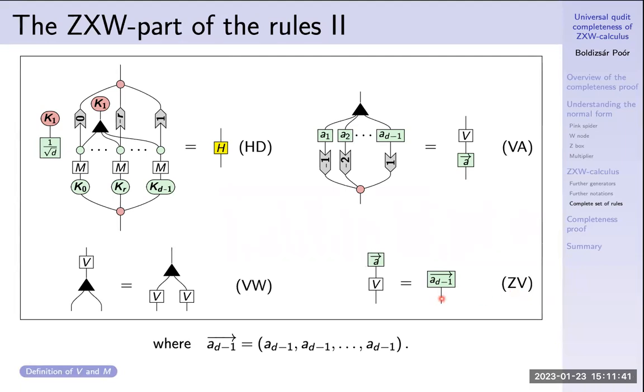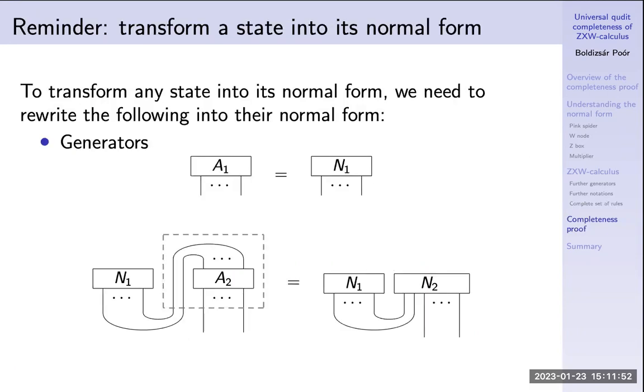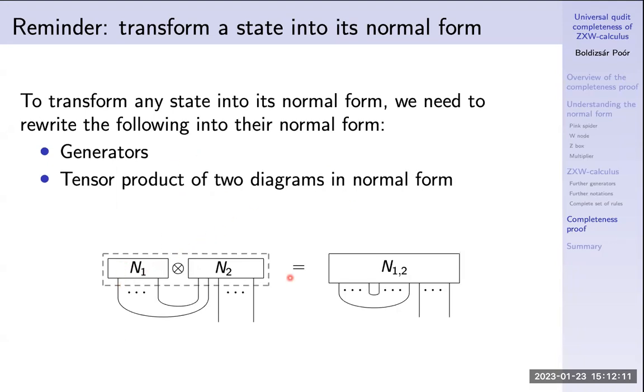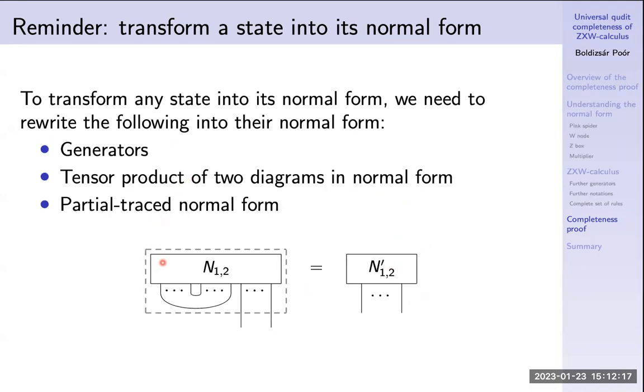Yeah, so this V is a really interesting element in the calculus, actually really important. So just a quick reminder, in the beginning of the talk, I mentioned how we prove completeness using the normal form, and to convert any state diagram into normal form, we needed that we can convert generators into their normal form, the tensor product of two diagrams into another normal form, and that the partial traced normal form can be rewritten into another normal form.